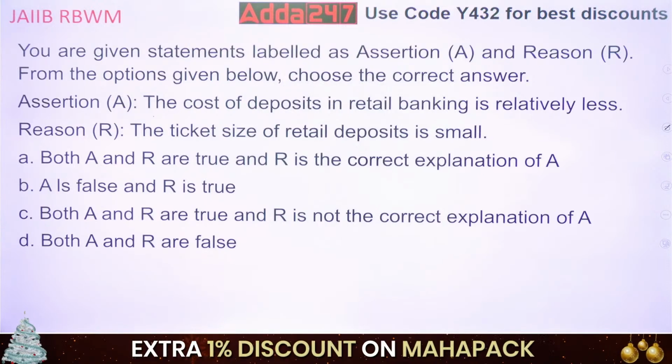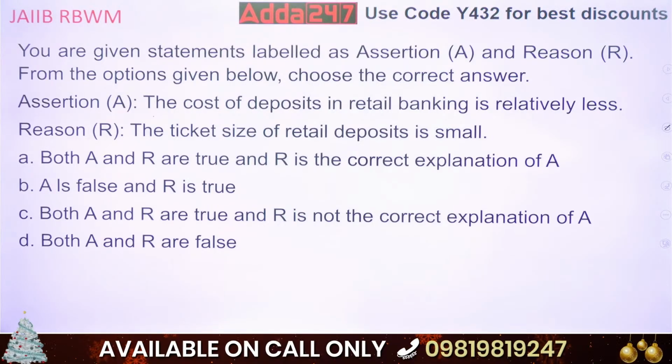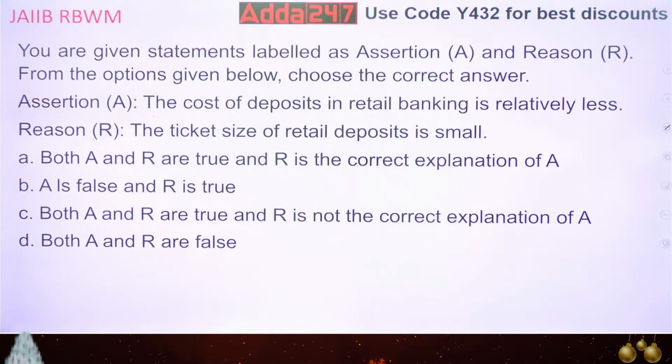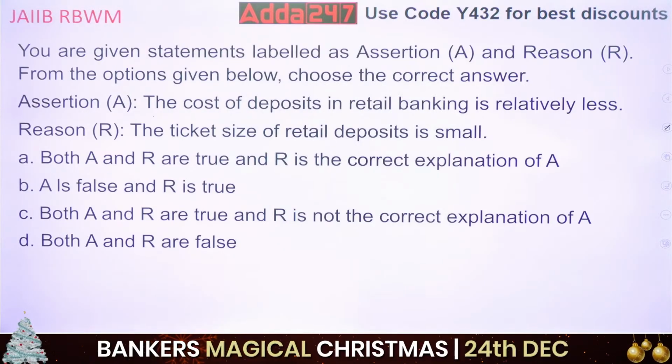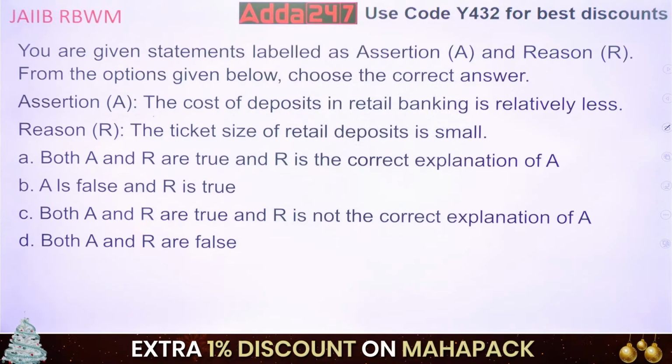And R is true, ticket size is small. C: both A and R are true, and R is not the correct explanation of A. And both A and R are false. Now think of the answer. What can be the answer over here?